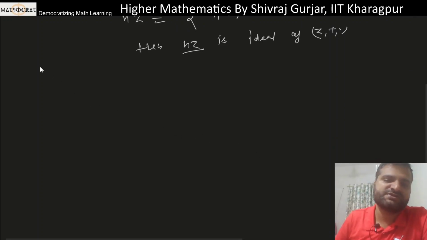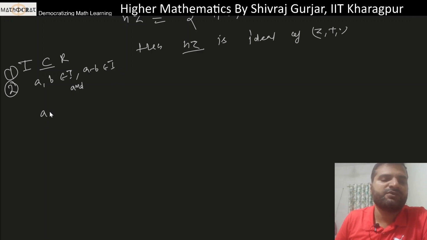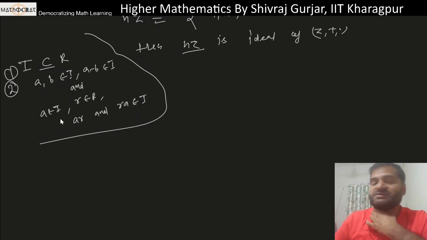Basically there were two conditions. जो I है that should be a subset of R, first condition, and second condition was that for a, b belongs to I, a minus b belongs to I, and for a belongs to I and r belongs to capital R, ar and ra both belong to this I, then we say that I is an ideal of R. Two-sided ideal. There are concepts of left and right ideal that I discussed in last class.